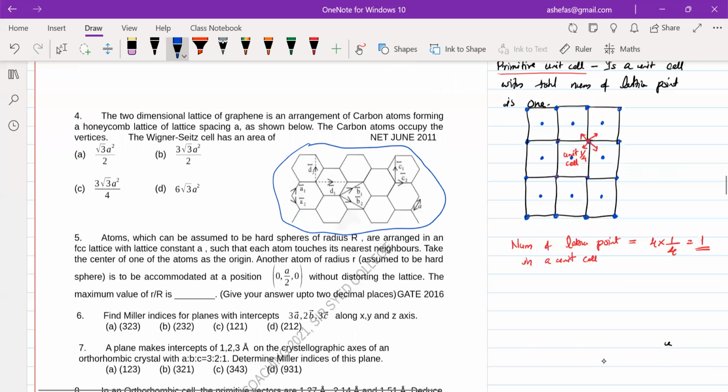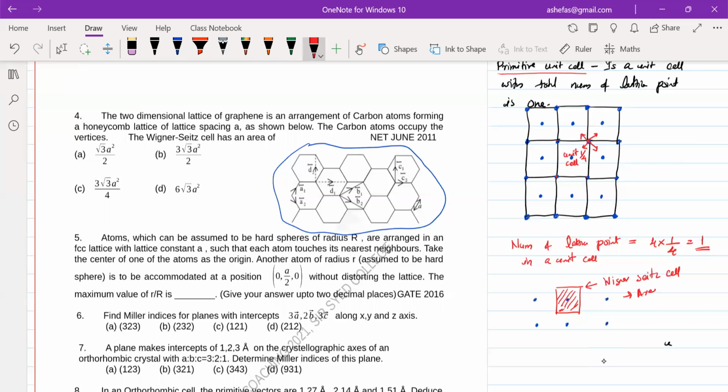If we have any lattice, then the Wigner-Seitz cell can be found by drawing the area closest to that lattice point. The shaded region is the region which is very close to the central dot compared to the other lattice points. This is basically called the Wigner-Seitz cell.